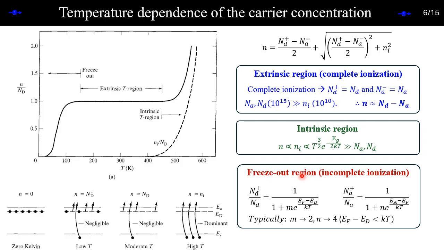If you assume that value of EF, then you get some number, and you put that number into charge neutrality and see if it is consistent or not. If it is not consistent, then repeat this process, such that it is self-consistent with the charge neutrality and the carrier concentration you have from here. So you need to solve it self-consistently and then you will be able to find it.